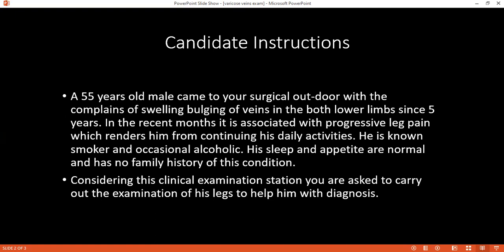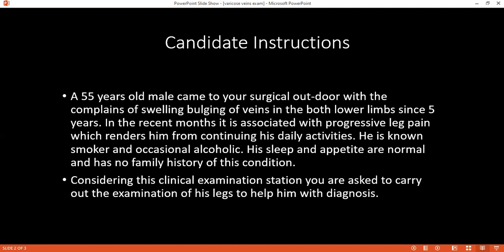Yes, today I have examined Mr. John, 55 years old, who came complaining of varicose veins in his lower limb. By inspection, there is varicosity along the distribution of the long saphenous vein, and there are also multiple incompetent perforators above and below the knee.